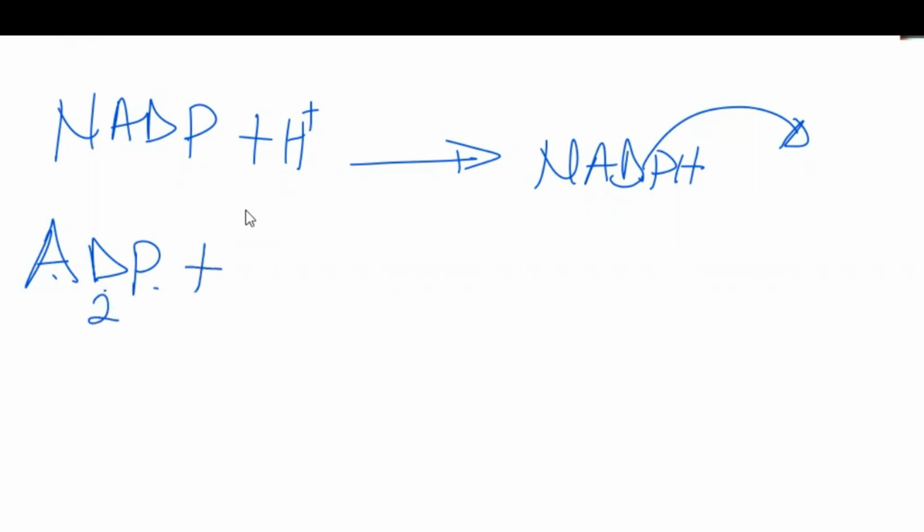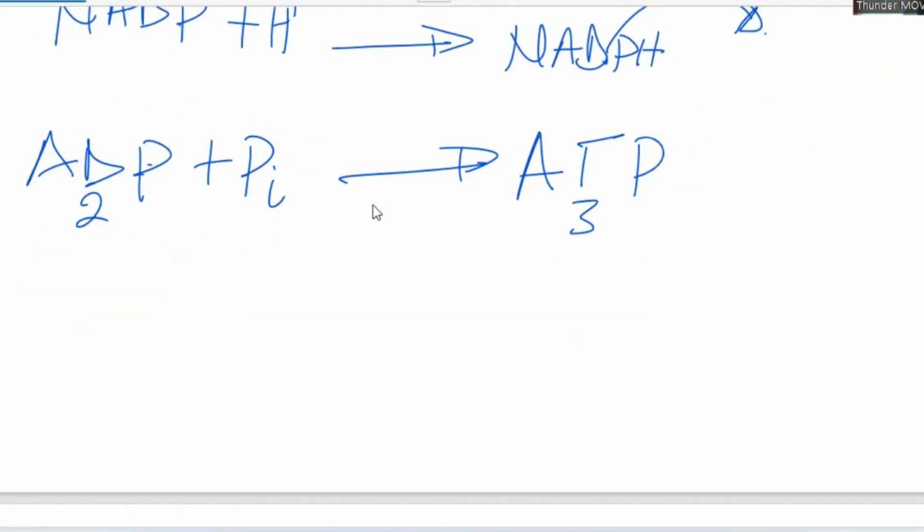So it's going to add another inorganic phosphate. Now I have 3 phosphates instead of 2, and 3 is called tri. So it becomes adenosine triphosphate, the usable energy we use in the body.